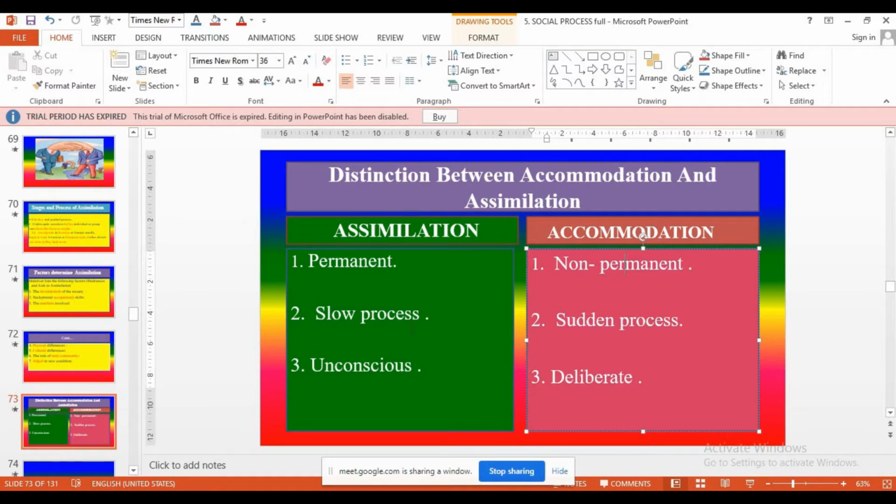Second, assimilation is a slow process, but accommodation is sudden, immediately after the conflict. Third one, assimilation is unconscious.